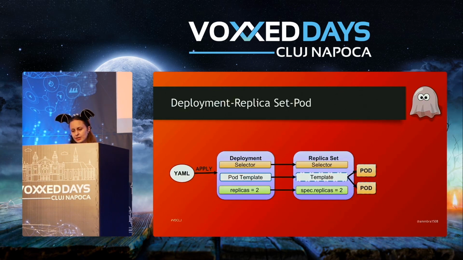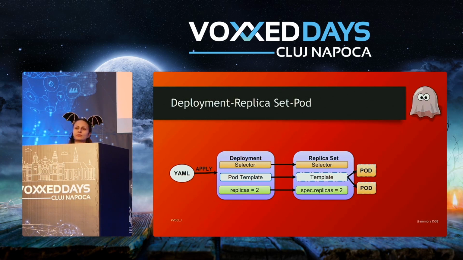Also, what we're going to use in the demos today is a bit about the relationship between deployment, replica set, and pod. Every time you apply a definition of a deployment object, you are instantiating a deployment resource that's going to have a selector, a template, and a number of replicas to be specified.